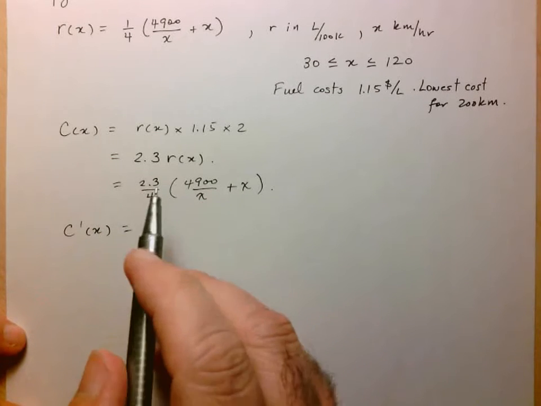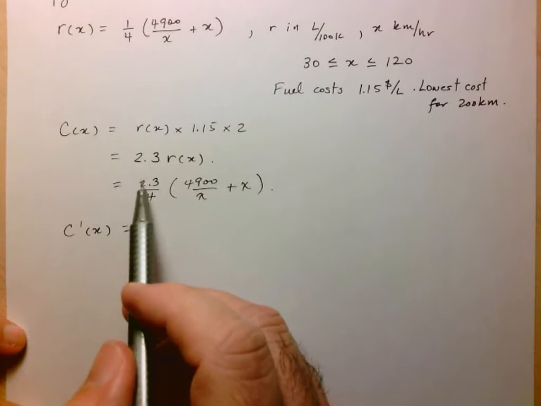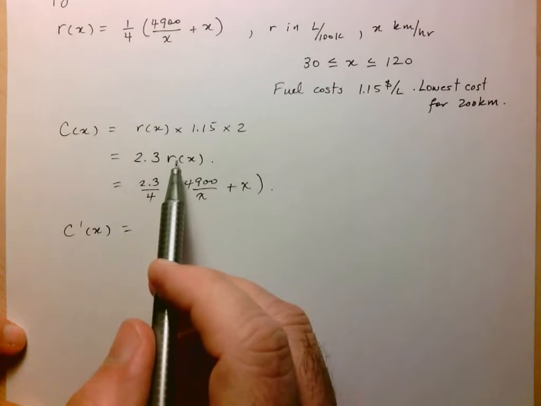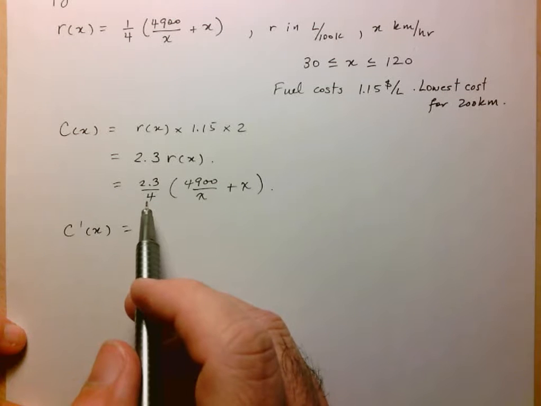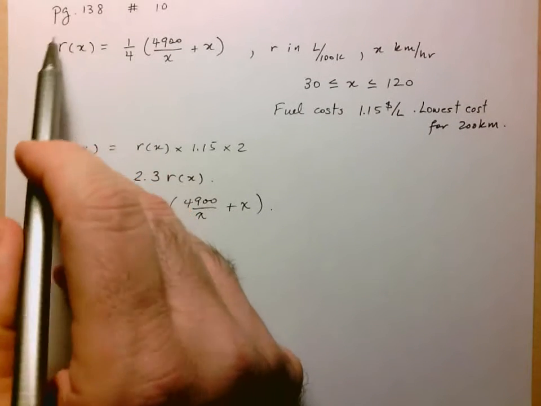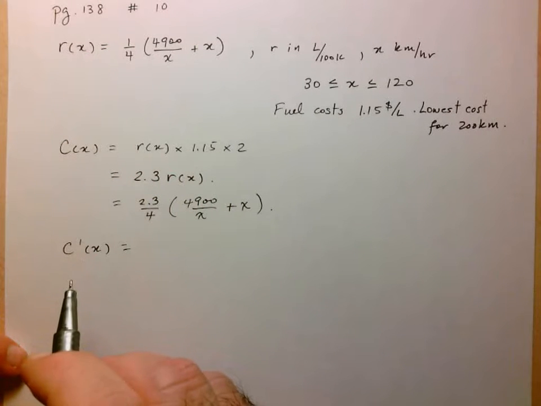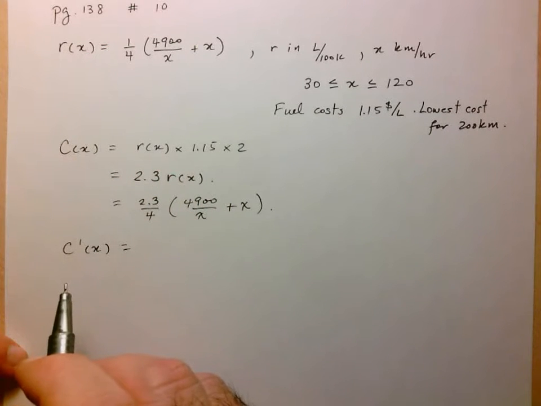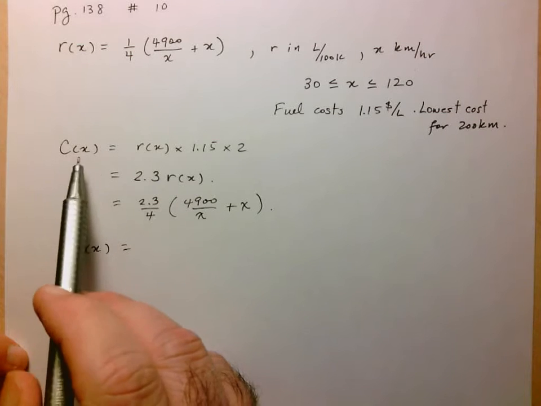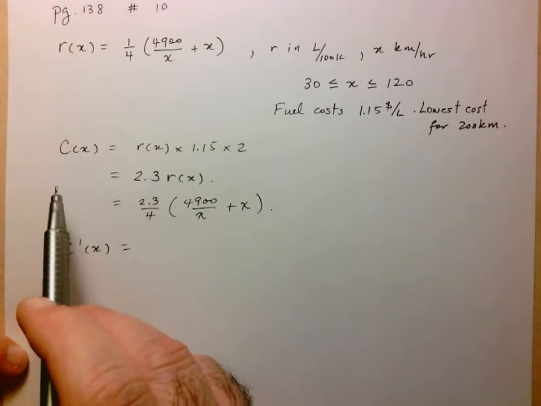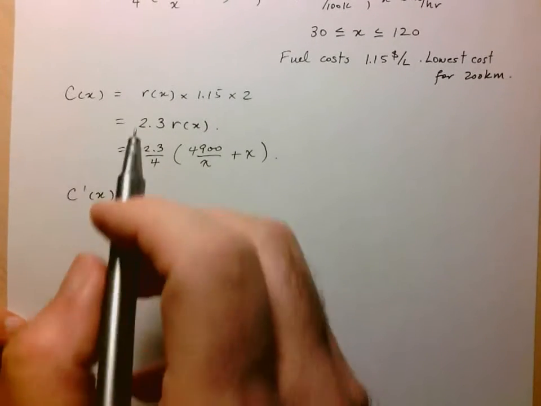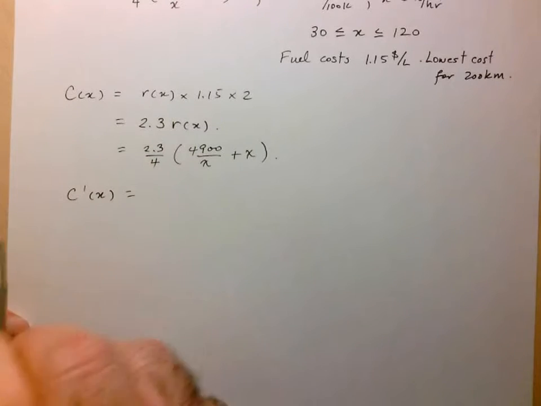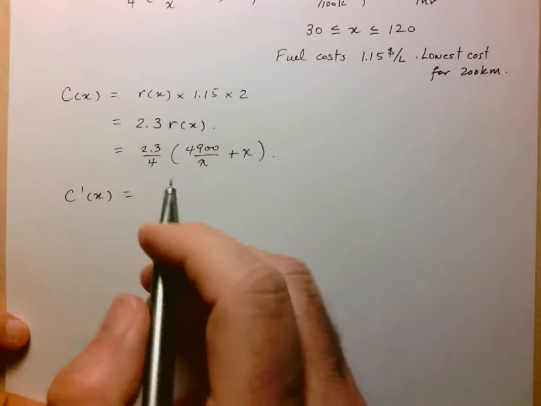One thing I want you to notice is this 2.3 ends up just being a constant times the function, so it's not going to affect the x value which gives us the lowest cost. We could have actually just worked with the function R(x) to determine where our minimum occurs. But to determine the minimum cost itself, we would have had to figure out what we just did. And it's always nice to work with the actual function that we're optimizing.